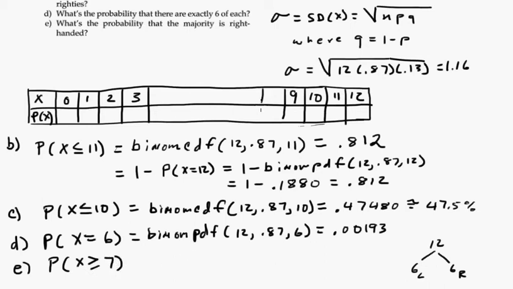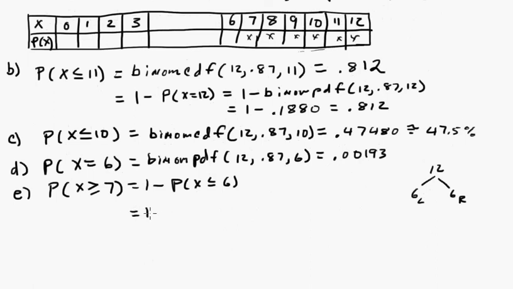Okay, so now I can't do greater than or equal to 7 directly on the calculator, so I want all of these numbers added up. To do that, I'm going to have to do 1 minus the probability of X less than or equal to 6. So that's going to be 1 minus binom CDF of 12, comma 0.87, comma 6. Okay, let's do that real quick.